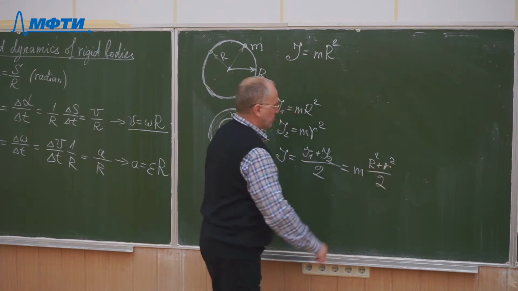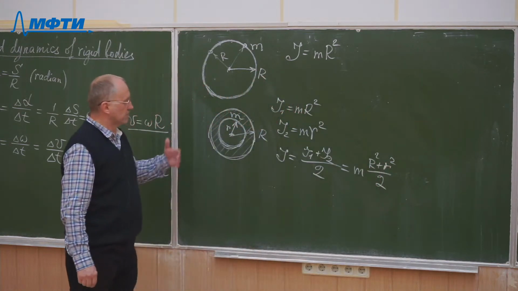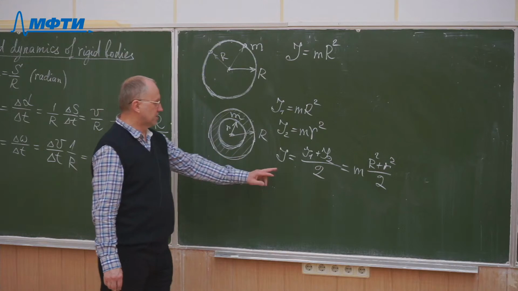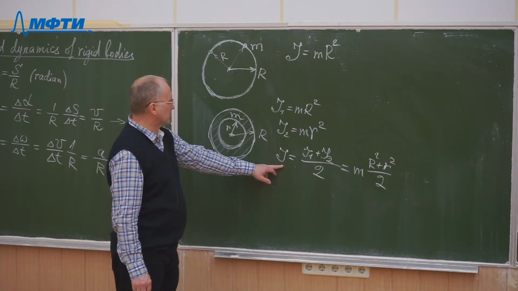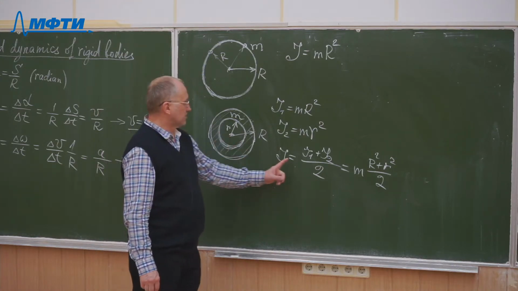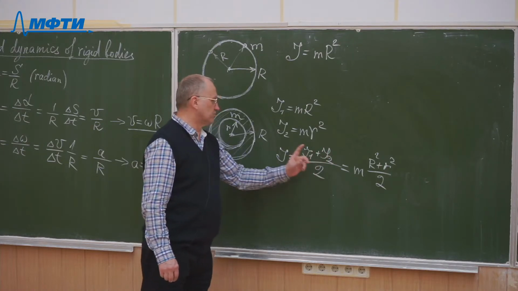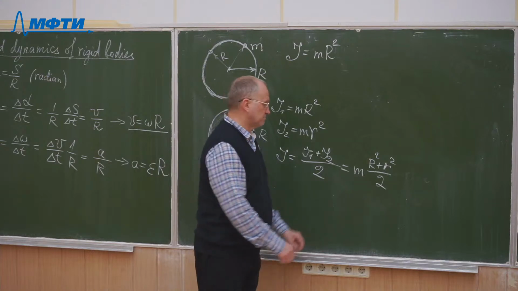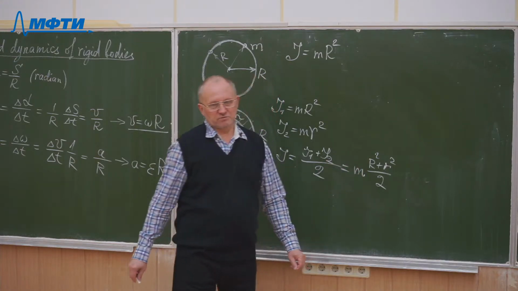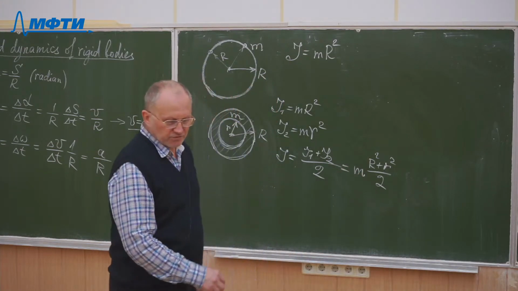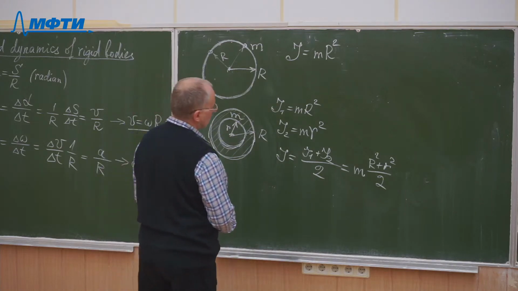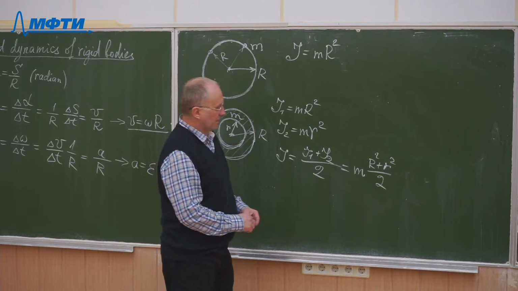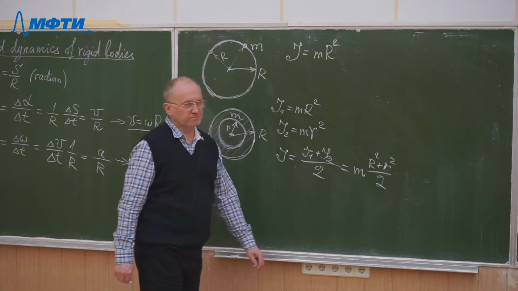It's obvious from the intuitive approach that the resulting moment of inertia must be something like the average, the mean between the two moments of inertia. And the resulting formula appears to be correct even if you derive it accurately using calculus.